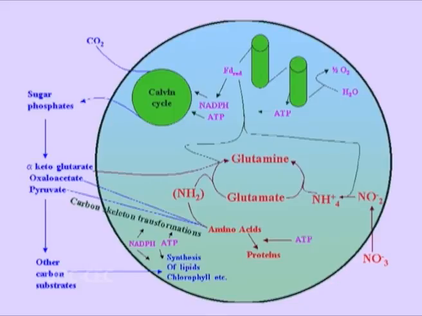This ATP dependent cycle is essential for nitrogen limited growth and for steady state growth with some sources of nitrogen. Ammonia is incorporated into amino acids via the glutamine synthetase glutamate synthase pathway.